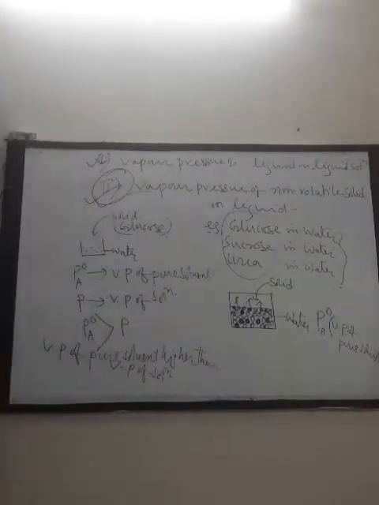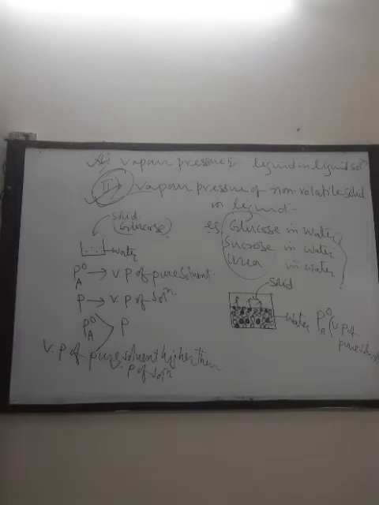As surface area decreases, the rate of vaporization also decreases, so the vapor pressure of the solution is less. This is one reason why the vapor pressure of solution is lower than that of pure solvent.